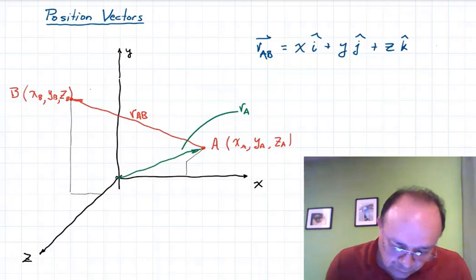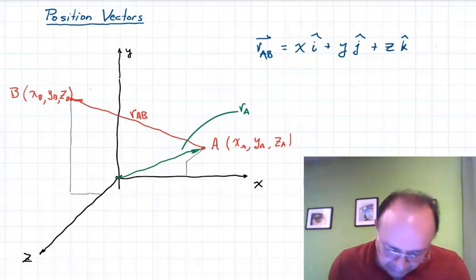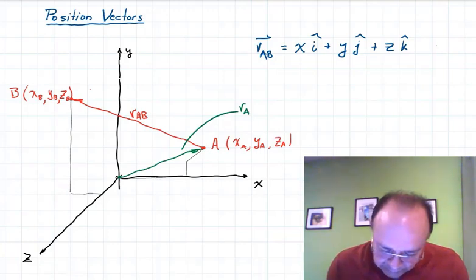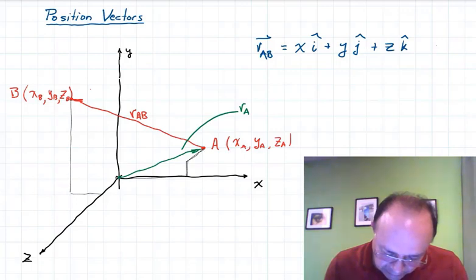In order to go from the origin to the point A, we have to move this amount in the X direction, this amount in the Y direction, and this amount in the Z direction.